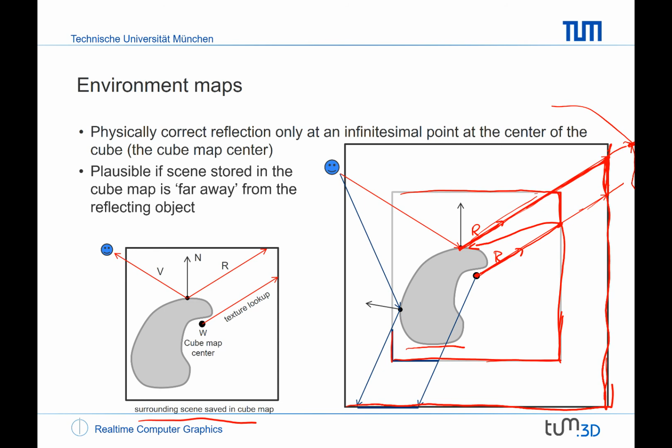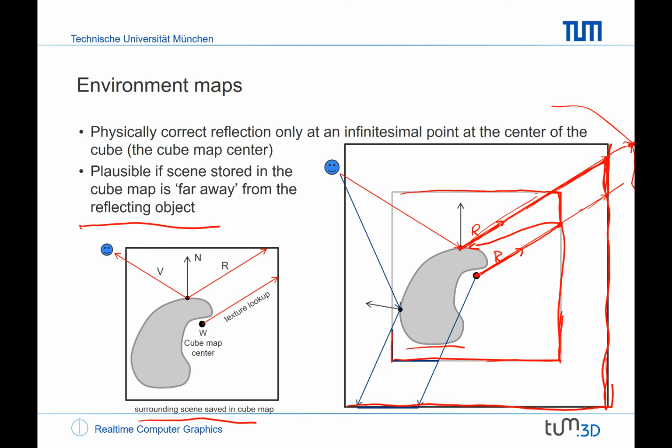As we said, the error can be decreased by storing the scene in a cube map that is far away from the reflecting object, so that this error becomes smaller and smaller. But we can never solve that error entirely. We will always have that kind of mismatch when accessing the cube map.